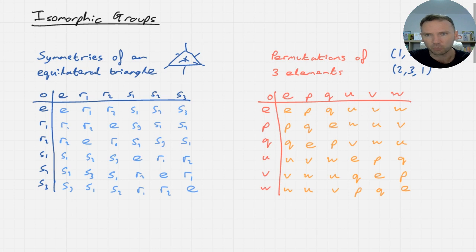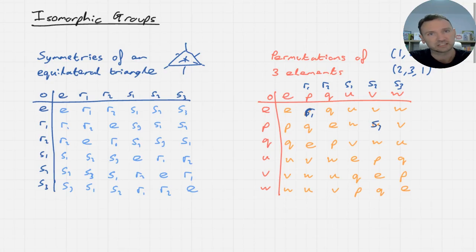What I want to notice, and what we noticed at the end of the Group Theory 3 video, was that really, if I just take my group on my right and just relabel the element P as R1, relabel the element Q as R2, and so on, S1, S2, S3, and if I was to go through the Cayley table and do that all the way through, replacing all my P's with R1, replacing all my U's with S1, then it would become exactly the same as the group on the left.